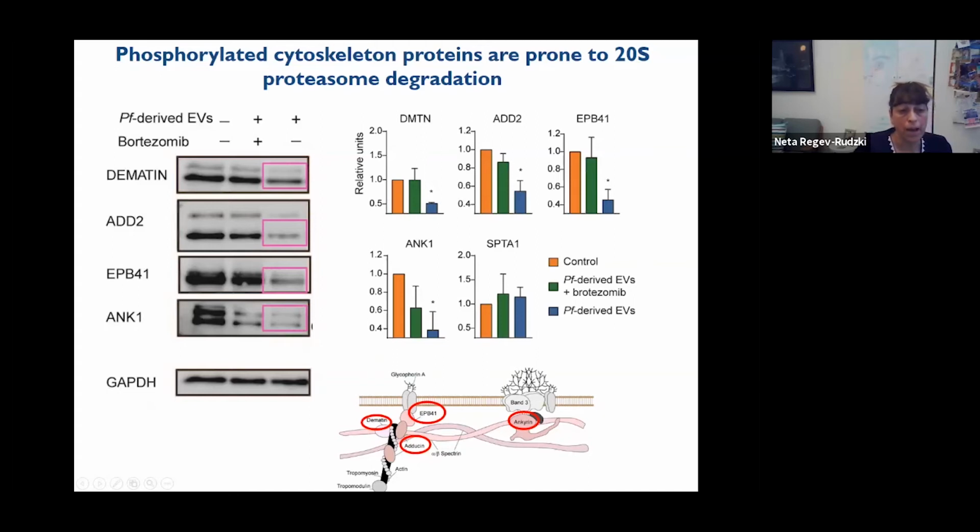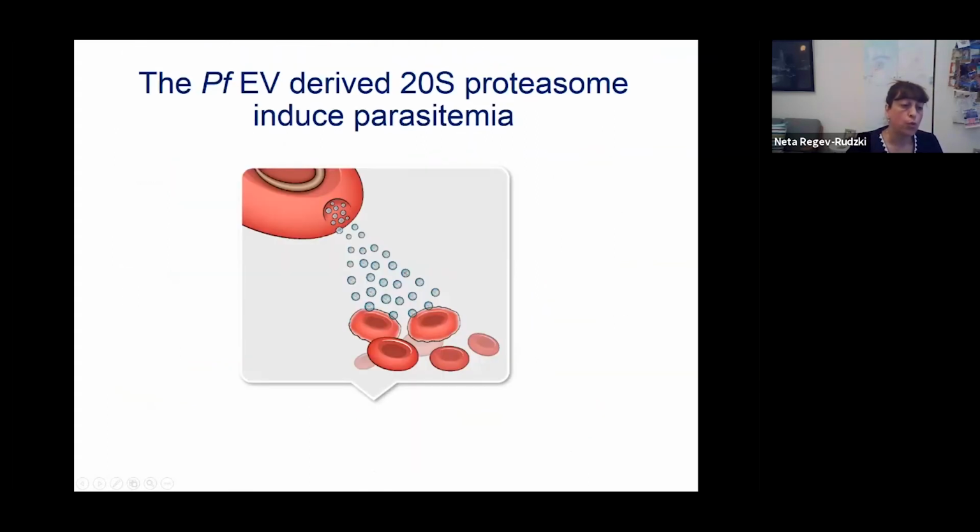So just to sum up this study, we showed that the parasites secrete vesicles that carry the unassembled and active 20S complex. And this complex is involved in modifying the mechanical properties of the host red blood cells and degrading cytoskeleton proteins.